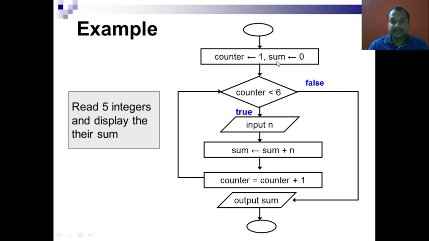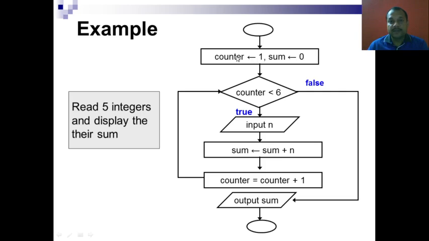Since it's a flowchart, the exact syntax of C is not required, only indicative pseudocode is enough. That's why instead of equals to, I am giving an arrow. Initially I am assigning 1 to counter, and sum is initialized with 0.